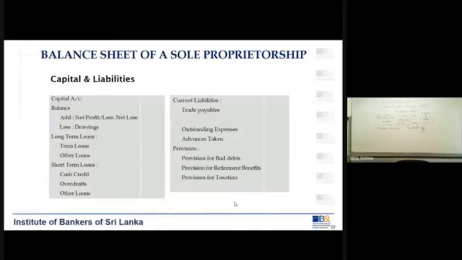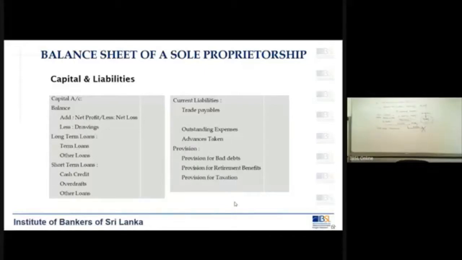But eventually those have to be converted into another form of business, because being a sole proprietorship, you can't run that kind of large business for administrative purposes. It might be very difficult for you to manage the affairs of the business. So basically, sole proprietorships are small businesses that you can administratively handle.